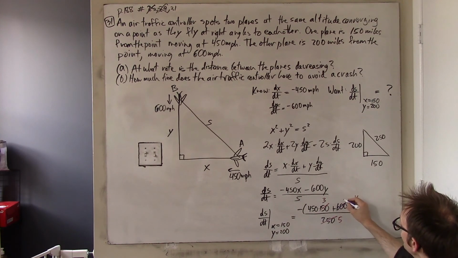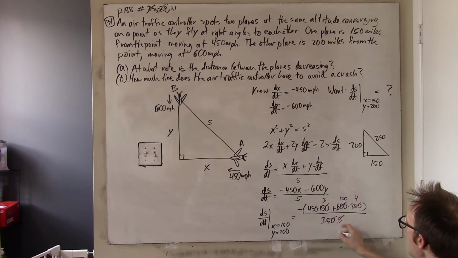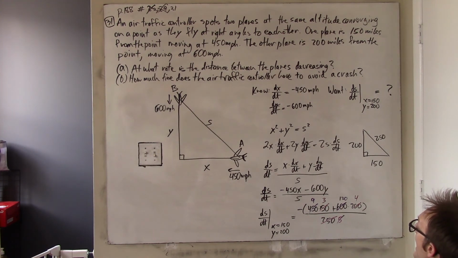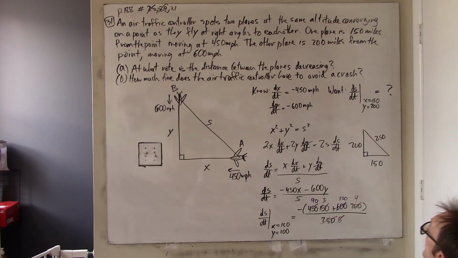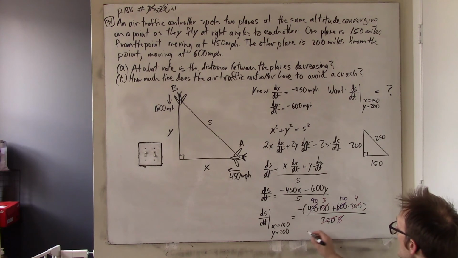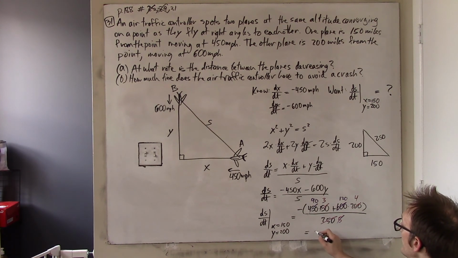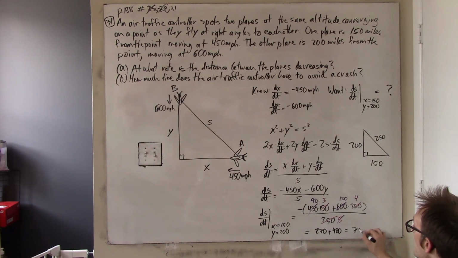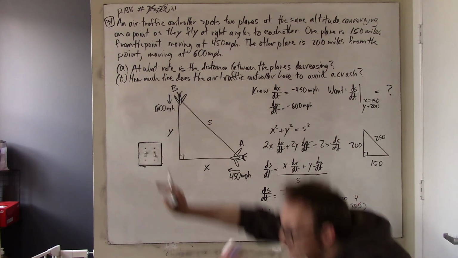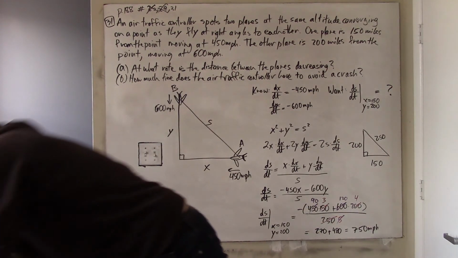So that's 120, and that is 90. So if I did my arithmetic right, this is 270 and 480, which is 750. So I think that the answer to this problem is 750 miles per hour, and that is exactly correct.